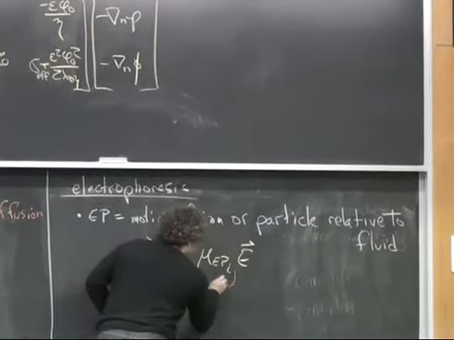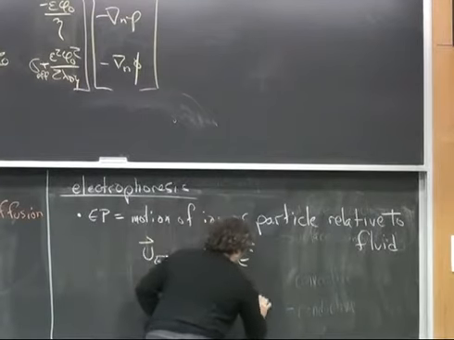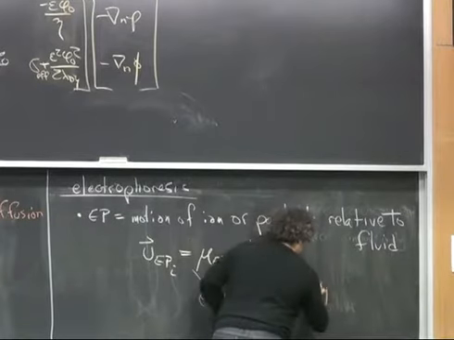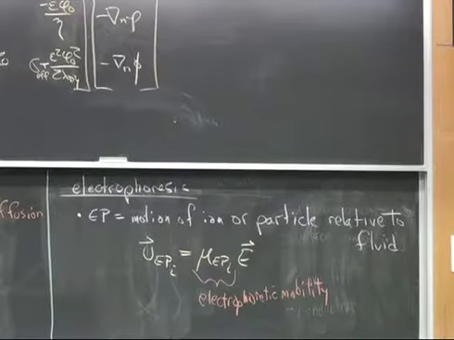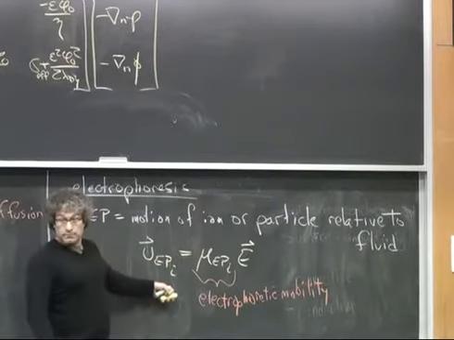And this mu sub EP is that electrophoretic mobility. So if I look at a specific ion, a sodium ion, a chloride ion, etc., and I trace its motion, it will be given by the velocity of the fluid plus whatever the differential velocity is, the difference between the velocity of that ion relative to that fluid. And that velocity is given by this expression.